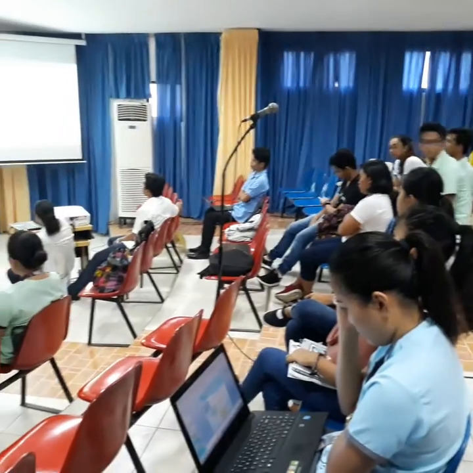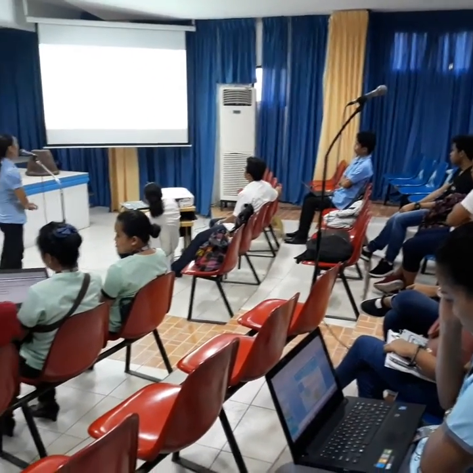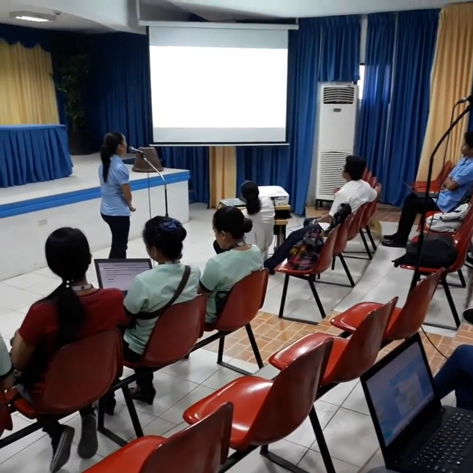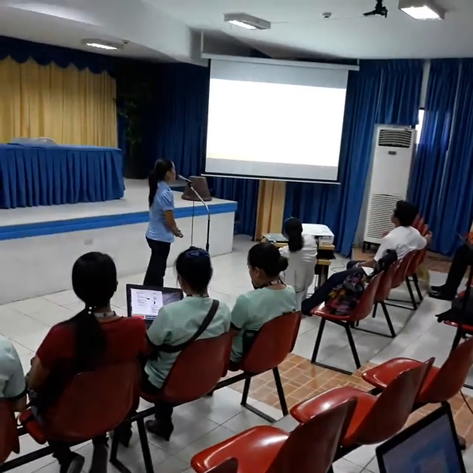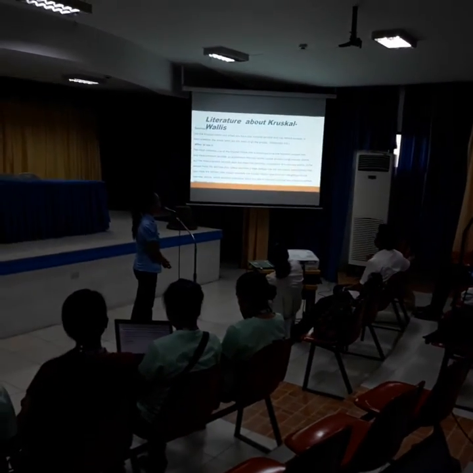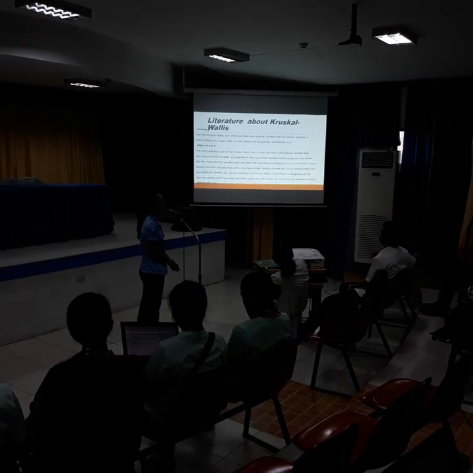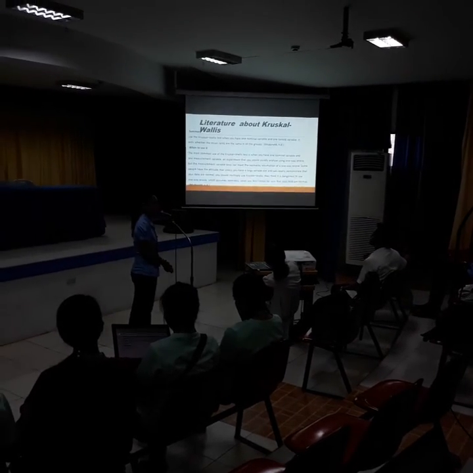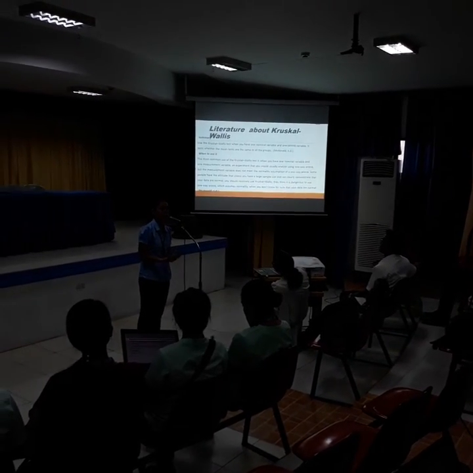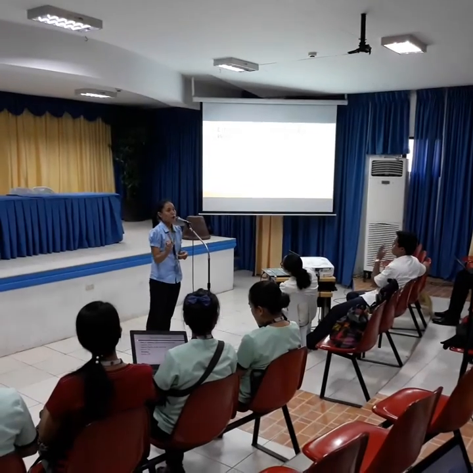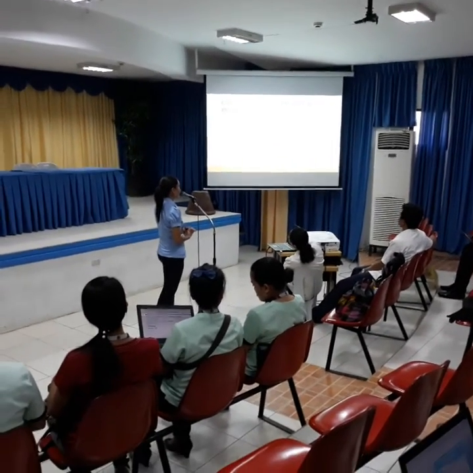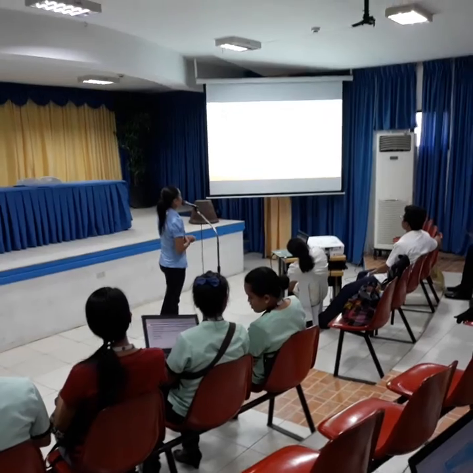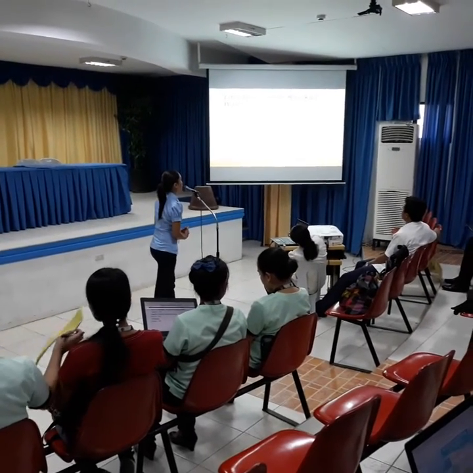Okay, so let us look at the literature about Kruskal-Wallis. What is the Kruskal-Wallis all about? The Kruskal-Wallis test is used when you have one nominal variable and one ranked variable. So if you don't have rating scale kind of data, like if you have nominal data, you will have to rank them so that you can use the Kruskal-Wallis test. When to use it? I already informed you a while ago about that.